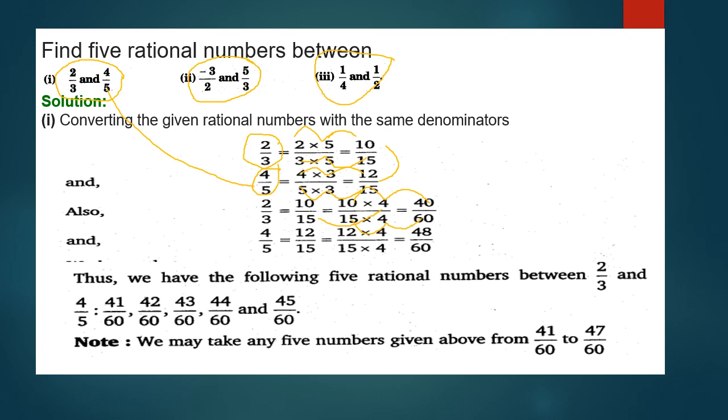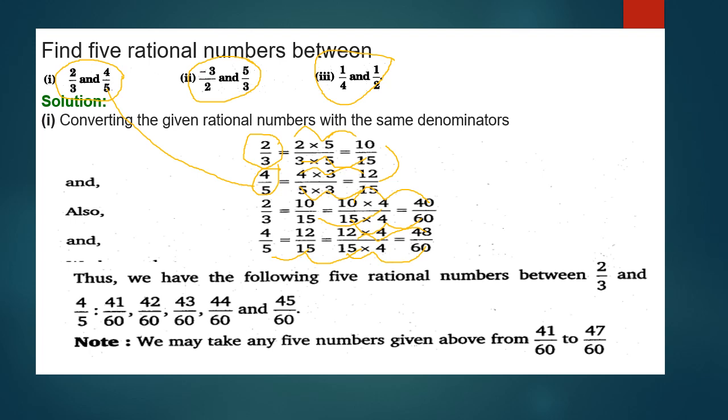In the same way, the simplified form of 4 by 5 is 12 by 15. Let us multiply 12 by 15 with 4 by 4. That means 12 fours are 48, 15 fours are 60.